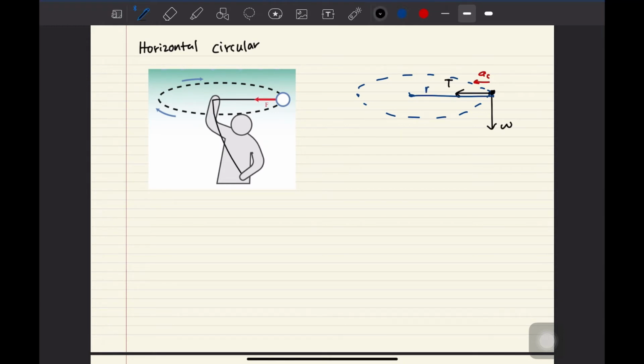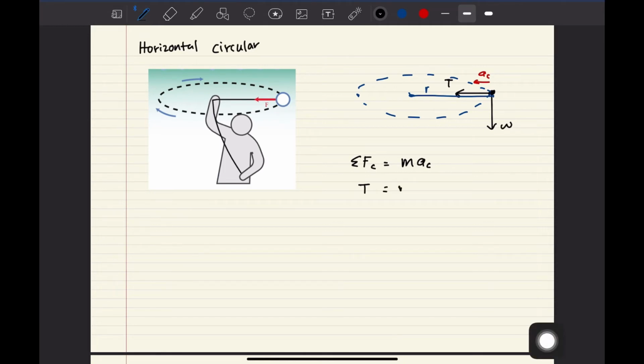And then if I want to write my summation of F_c, the acceleration is in the X component, right? So the only force acting on the X component will be the tension. So tension equals m a_c.